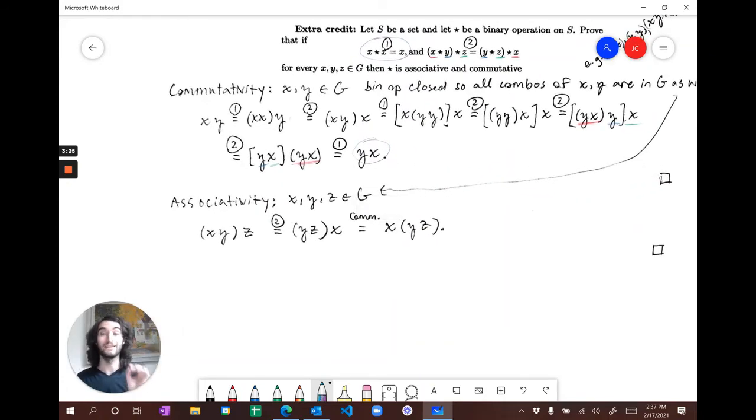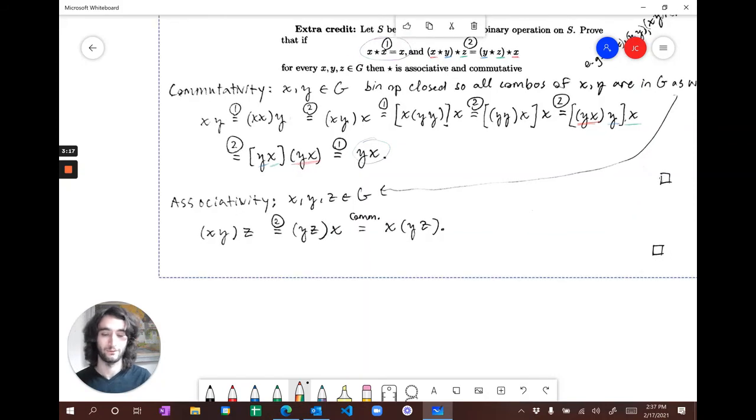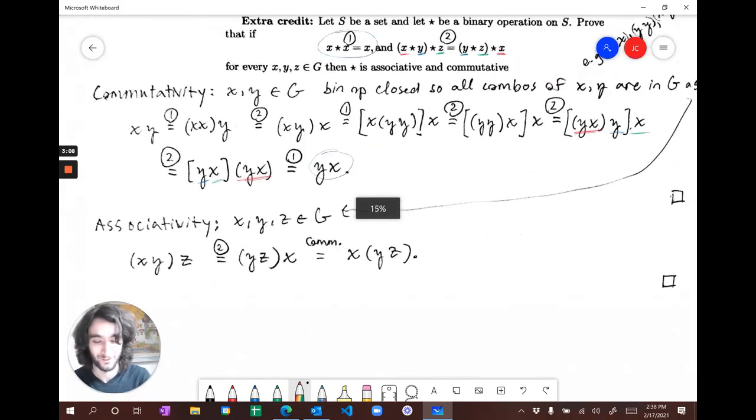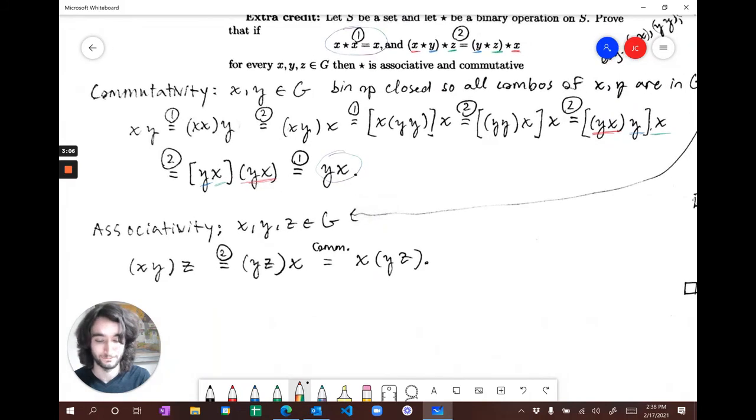And then, because they've already proved commutativity, they can simply take this x and move it over there, right? Because we already know that we're in a commutative group. Sorry, not a group. We already know that the operation is commutative. We are not in a group. Let me make that clear. Not necessarily anyway, right? We don't have identity or inverses or anything like that.